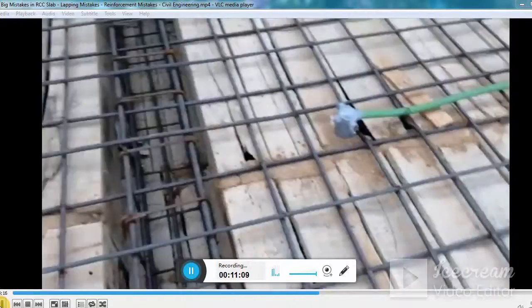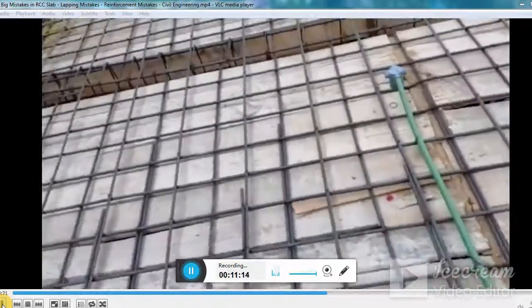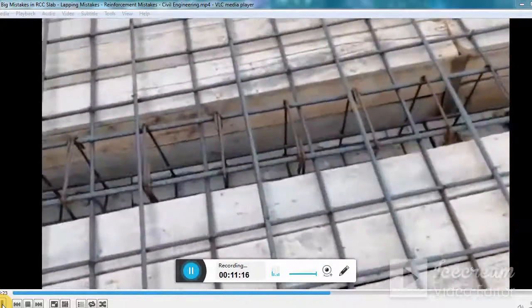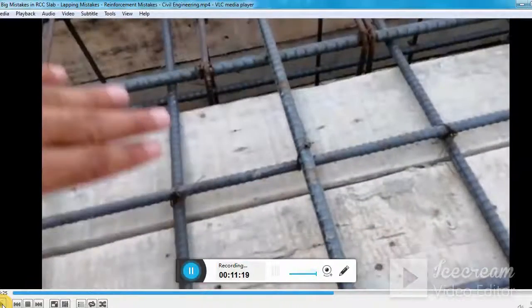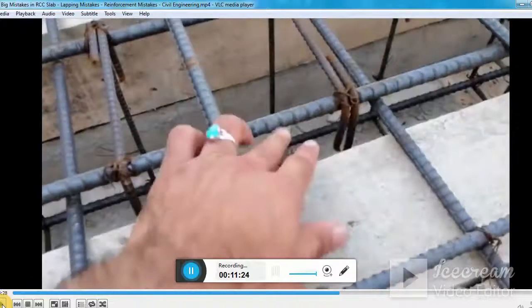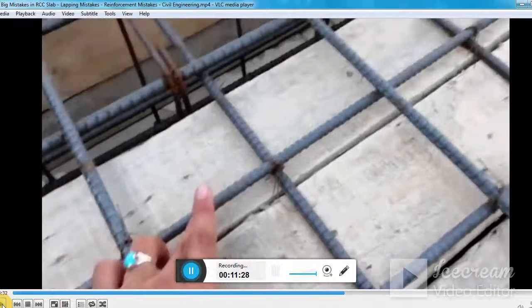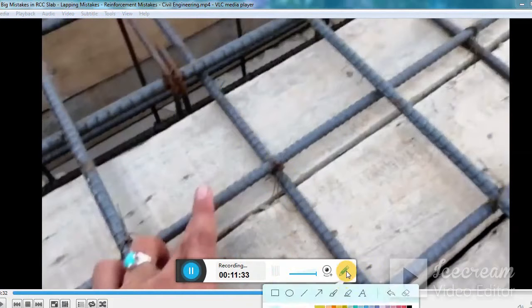But here you can see some other mistakes about spacing. You can see the spacing is different, right? Here this is about 4 inches. You can see this is 5 inches. It looks like there is not a great difference in the spacing.